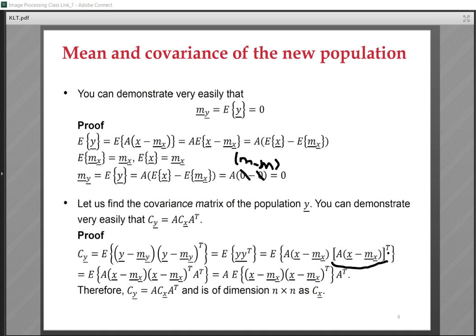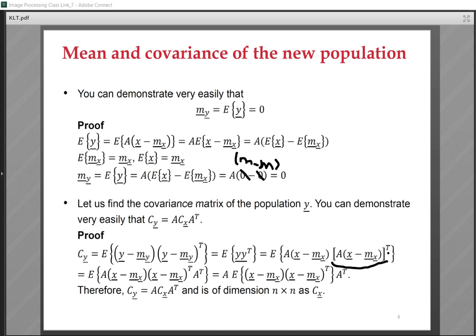What was it? (A(x − mx)) transpose is (x − mx) transpose times A transpose. You know it from algebra. For example, (AB) transpose means B transpose A transpose, and here the transpose of the parenthesis is the parenthesis transpose times A transpose.